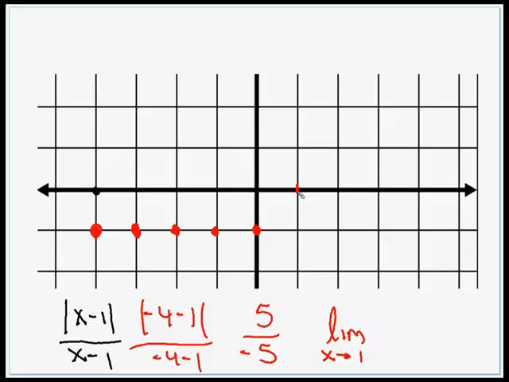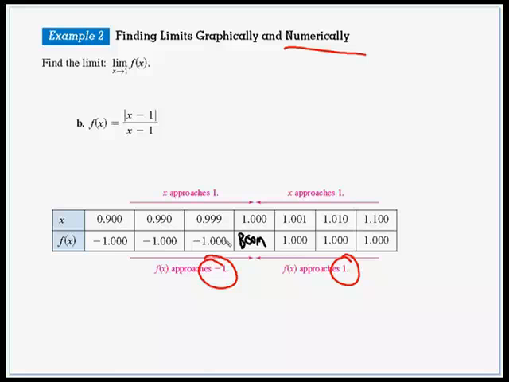And here's our number of interest, our arrow number. As we get closer and closer to it, our limit from the table looked like it was going to be negative 1. So here's our line. We're approaching from the left. We're getting closer and closer to our x value of 1, and it looks like we're approaching a hole in the graph at negative 1.